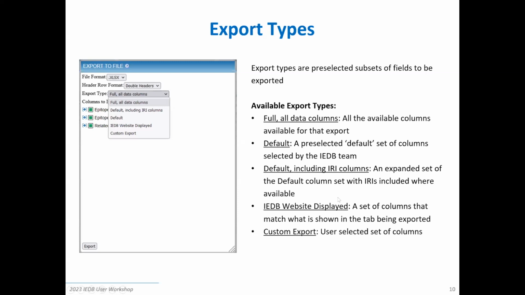The next one, which is another thing that we didn't have before, which is really requested, was the IEDB website displayed option, which is the set of columns that is exactly shown on those tabs. So when you go and you're in your export and you see the tab that has, what Alex showed earlier, it has the counts of the references associated with that epitope.